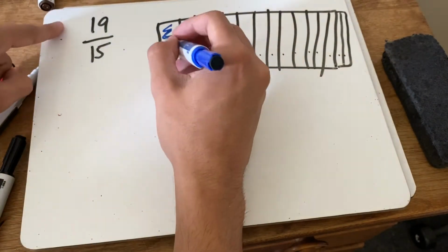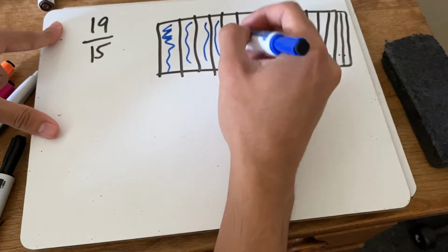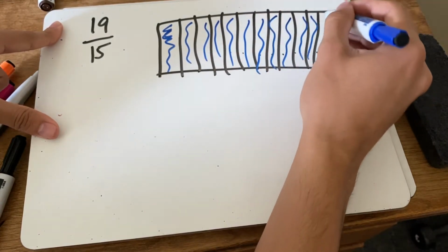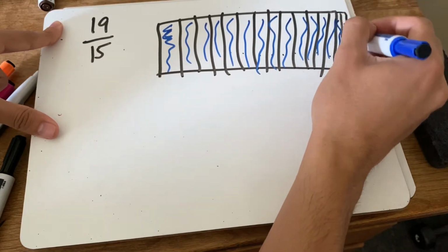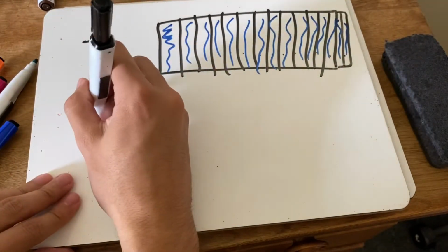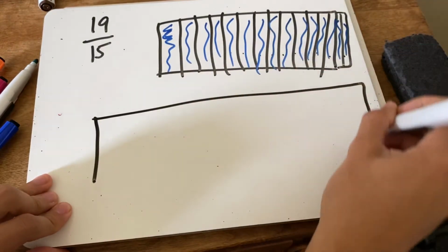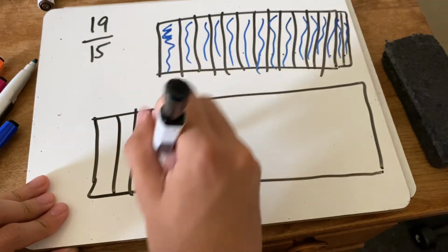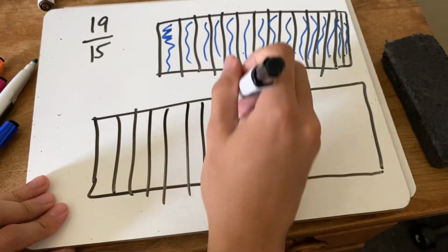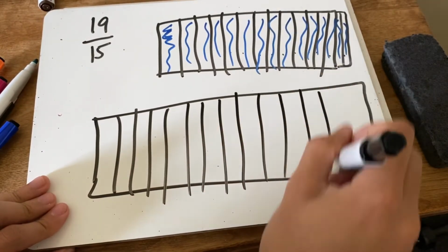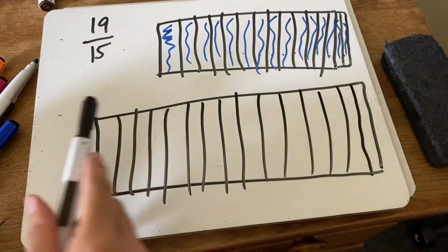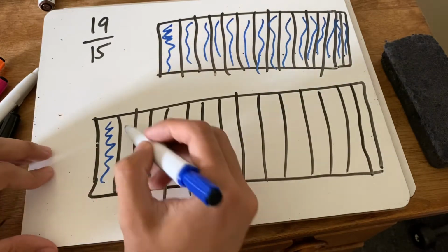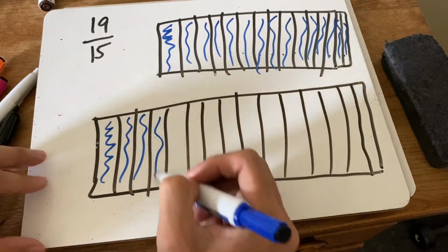Because we need to fill in 19. 1 through 15. And then we'll do another box of 15, counting 1 through 15. We filled in 15 here, which means we have to fill in 4 more over here. 1, 2, 3, 4.